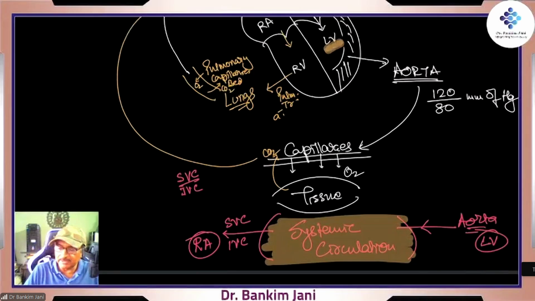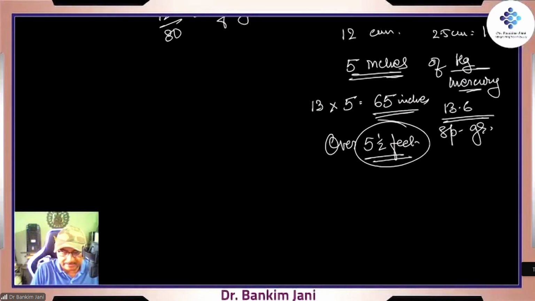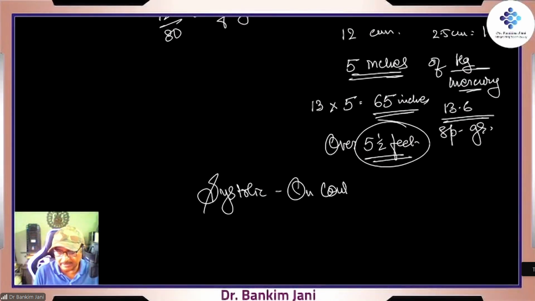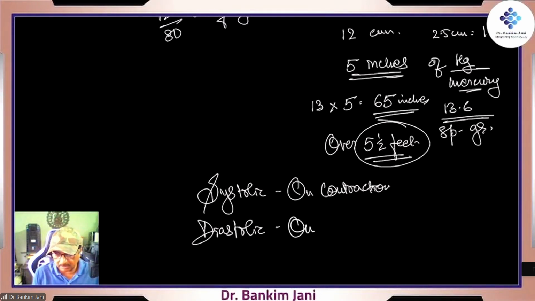So this is 120 by 80. When we say systolic, that means when the heart contracts. Obviously, when it contracts, the pressure will be higher. That is systolic. And when it is relaxing, that is called diastolic. The pressure can never go below the diastolic pressure, because this is on relaxation.